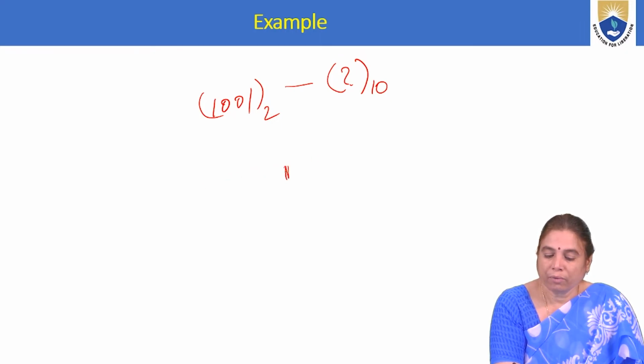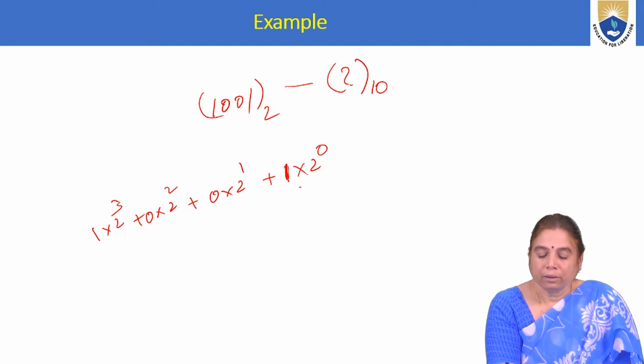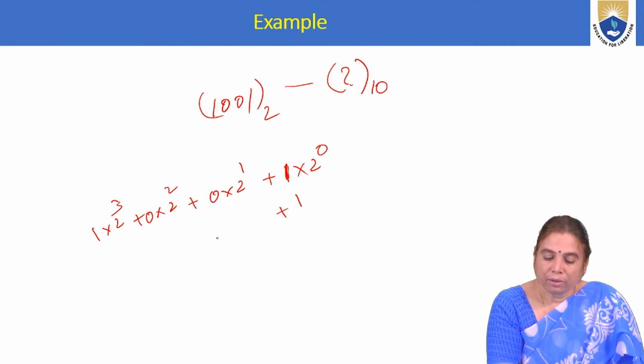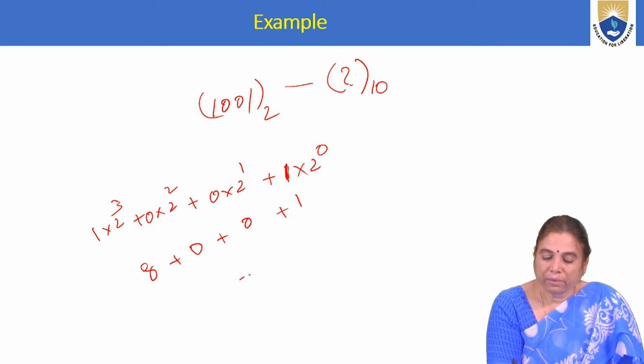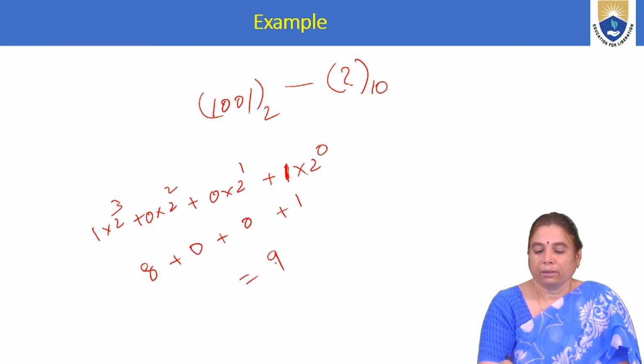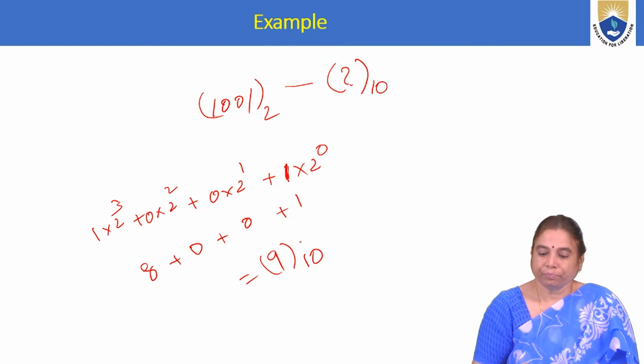So here 1 into 2 power 0 plus 0 into 2 power 1 plus 0 into 2 power 2 plus 1 into 2 power 3. So 0 multiplied by anything is 0, and it can be 8. So 8 plus 1 is 9. So this is the decimal value of the binary number.